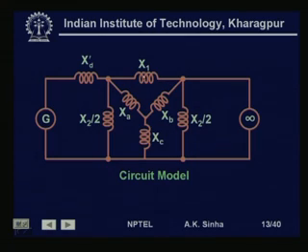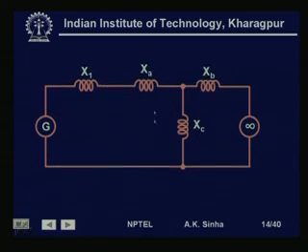That is, for this delta that we have, we can convert it into an equivalent star, and the impedances for that equivalent star will be x a, x b and x c. Under this situation, the circuit will look like this, with x a, x b and x c here, and we have now x 1 and x a in series here, x b on this side and x c here.